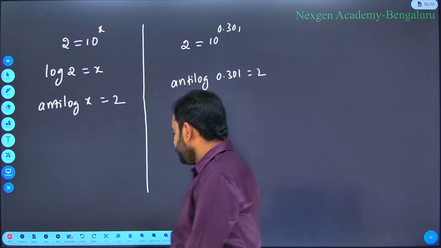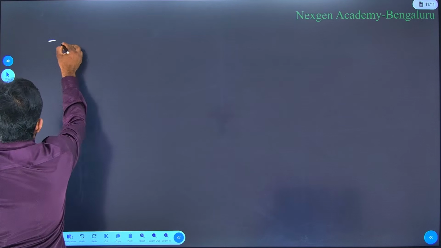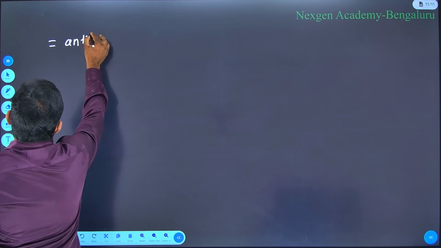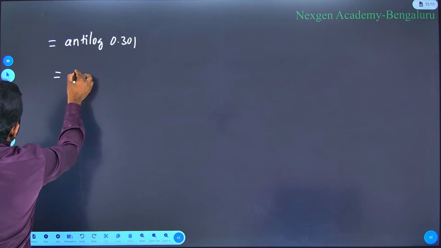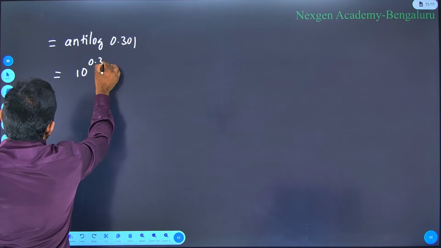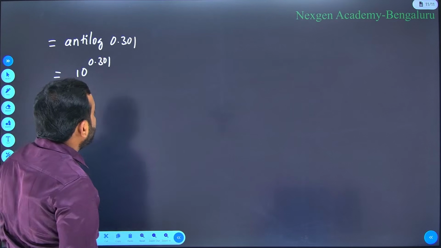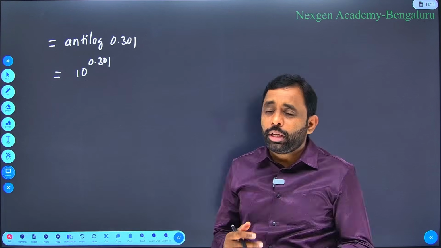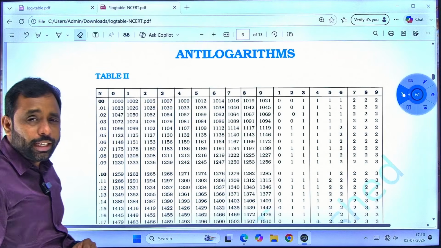Okay, let us see how to find the anti-log of 0.301. Anti-log, as I told you, is 10 to the power of 0.301. How to find that? Same as the log table, anti-log also has a table. Let us see that. See, this is the anti-log table.